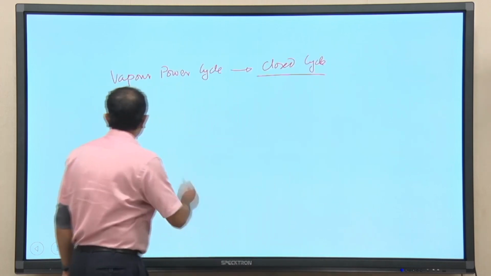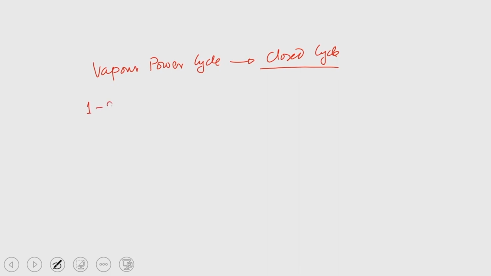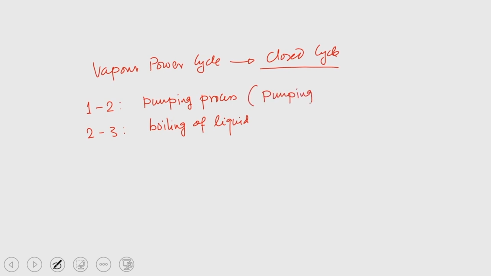So, if we write that, 1 to 2 is the pumping process, 2 to 3 is the boiling of liquid, 3 to 4 is reversible adiabatic expansion of steam.